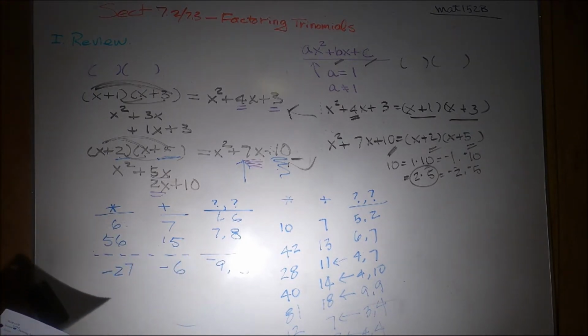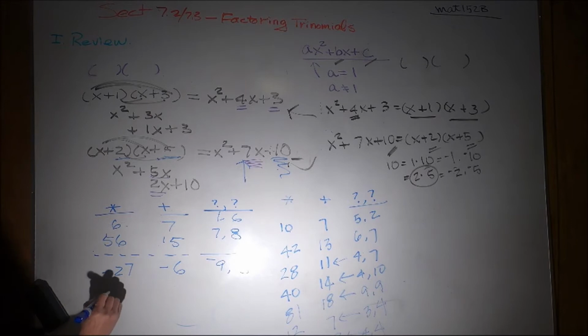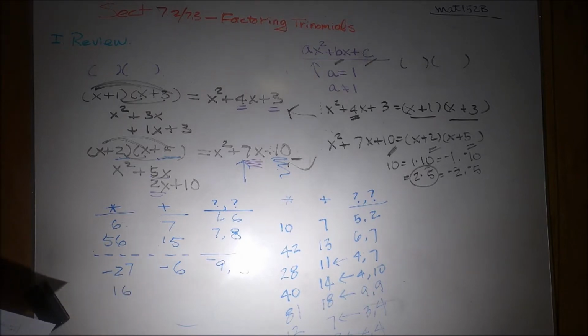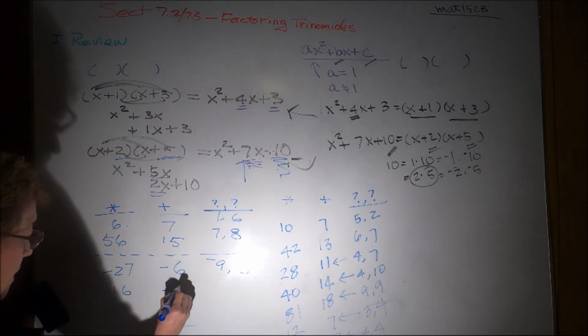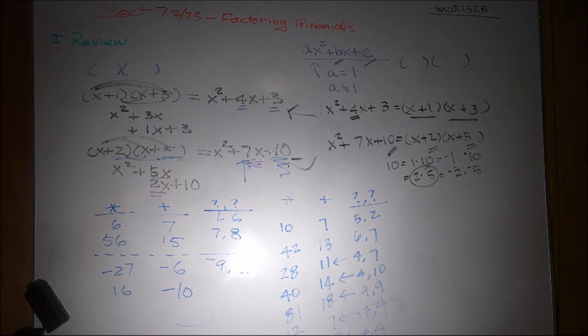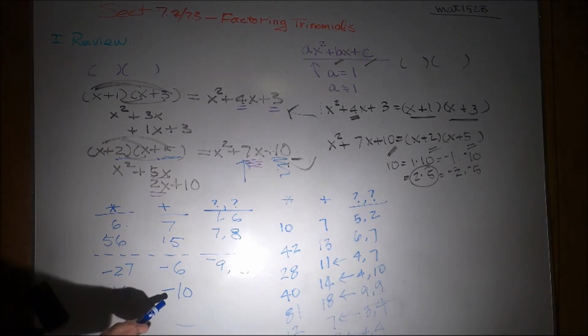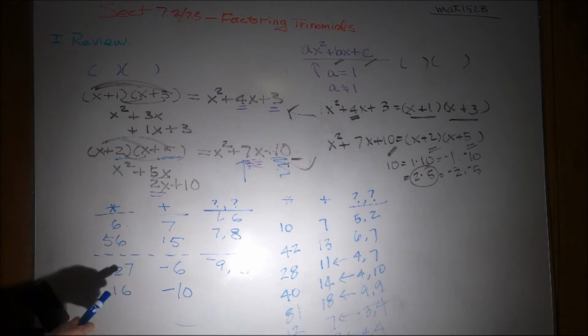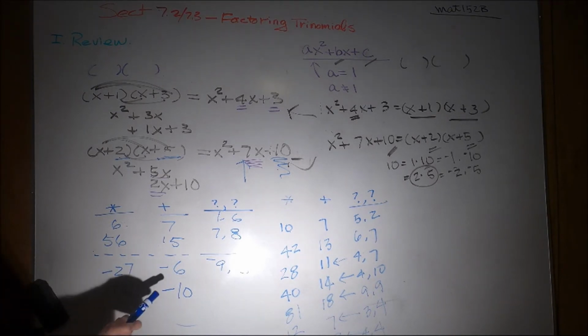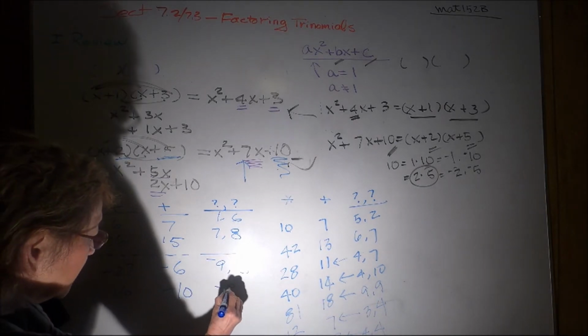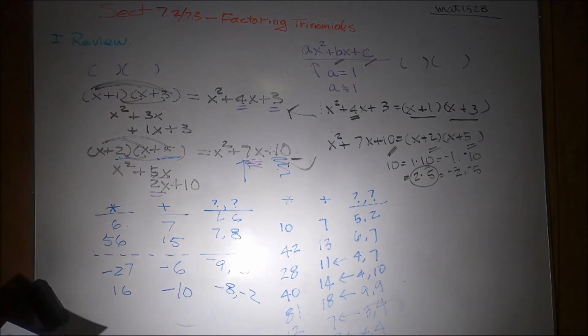That would be negative 9, right? Then if you want to multiply together to get 16, added together is negative 10. What do you think? 8 and 2, but when you add them together, it has to be what? Negative 10. So negative 8 and negative 2 will work, right?